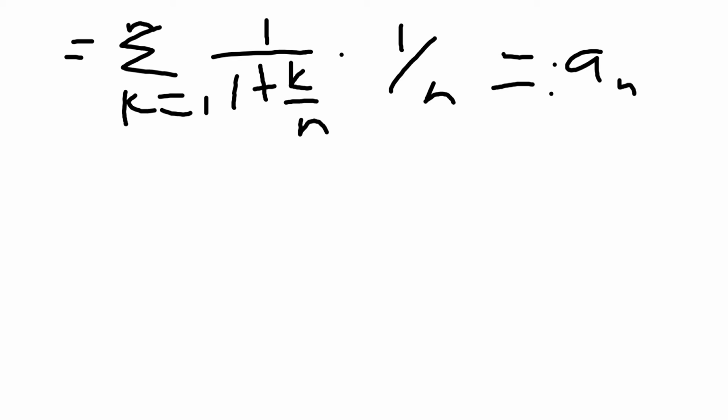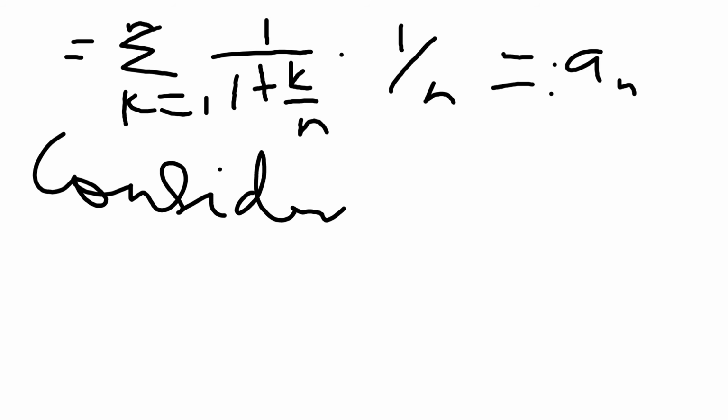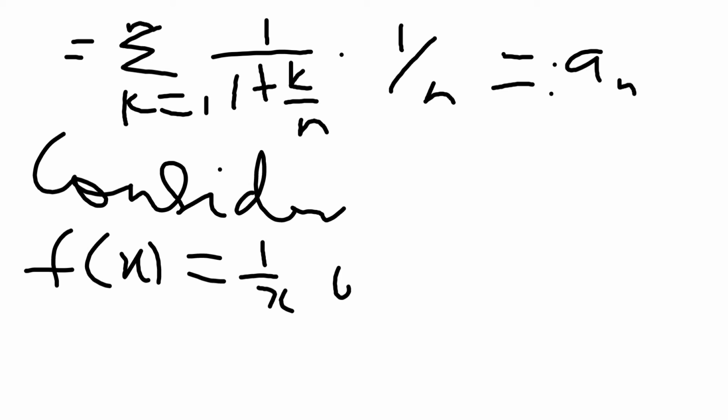Now consider this function f of x equal to 1 over x on the interval 1, 2. Obviously f of x is continuous on 1 to 2, and because it's continuous, it is Riemann integrable on this interval. So we can actually find the Riemann sum.